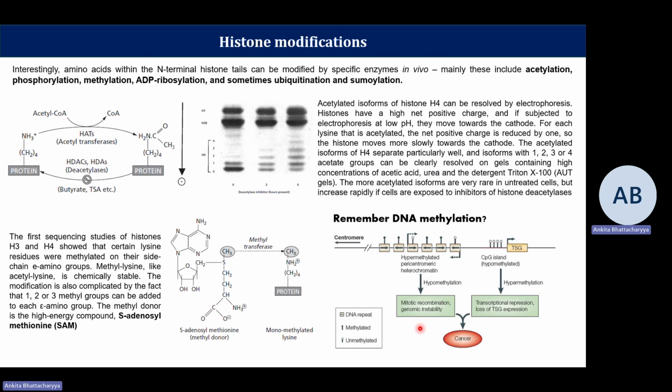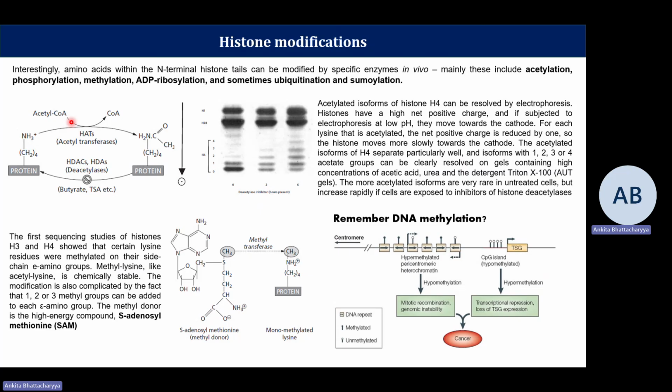We talked about DNA methylation also. This is something very distinct from histone methylation. Histone and DNA methylation have two completely different purposes. Please make sure you do not mix up the two of them. We have already discussed this in detail previously, so just revisit that class to refresh your memory.